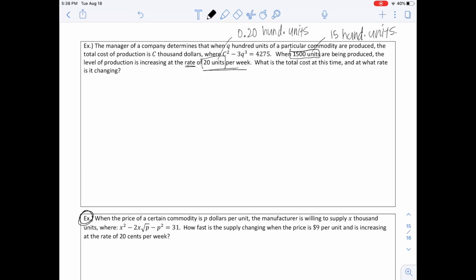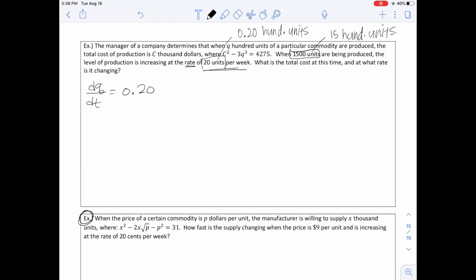And so we know that the level of production is increasing at this rate of 20 units per week. And so we know that dQ/dt is equal to 0.20, in hundreds of units per week, where time is in weeks.